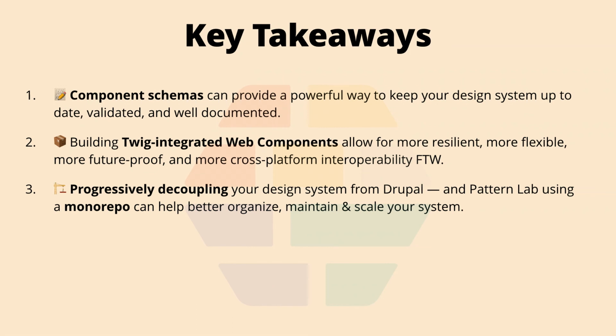By progressively decoupling your design system's code base from Drupal and from Pattern Lab, so this is monorepo-centric organization and distribution, it allows teams to better organize, better maintain, and better scale out their system. You don't need to worry about Drupal path names getting broken because you're breaking up things into smaller pieces and distributing them as needed.